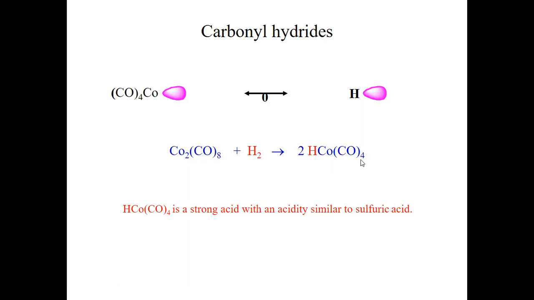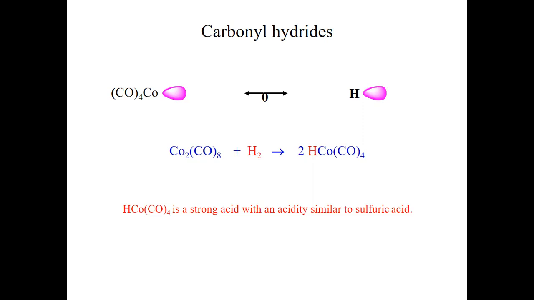So interestingly, this molecule, even though it's called a hydride, does not actually have hydridic properties. It's actually quite acidic, so it loses protons very easily. And the reason for that is that the respective anion that results is a pretty stable anion with 18 valence electrons.